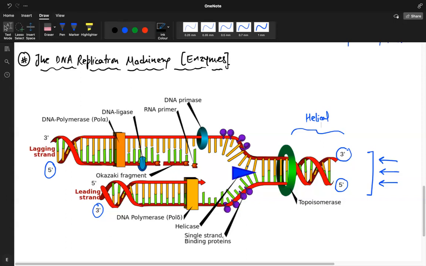Is it easy to unzip or zip anything, your bag, purse, your jackets, when it is straight or when it is folded? When it is straight. Exactly. So same logic is here. You have to make this helical molecule straight, and this helical shape I told you makes the DNA very, very stable. That's why it does not react very soon.